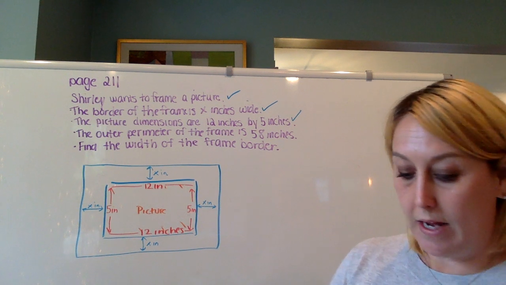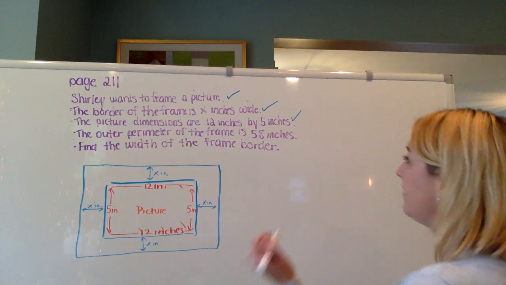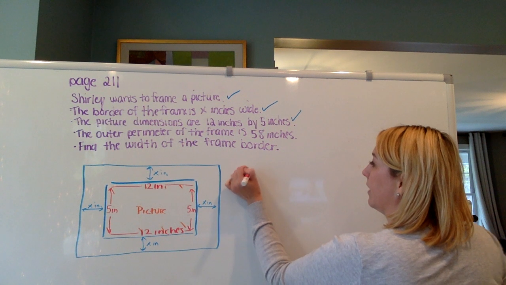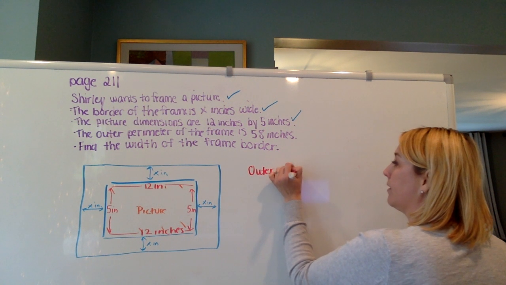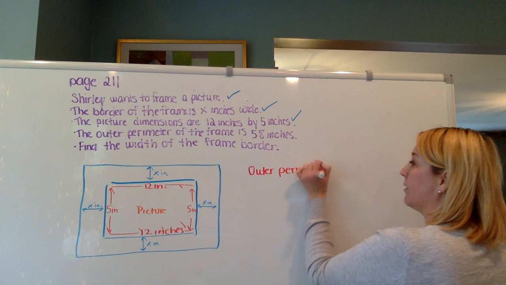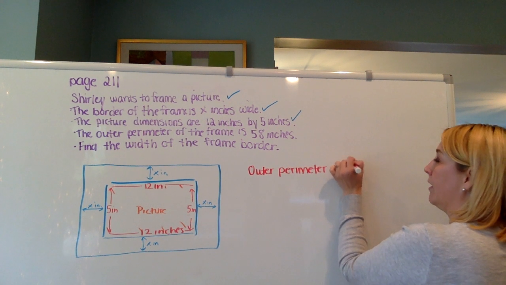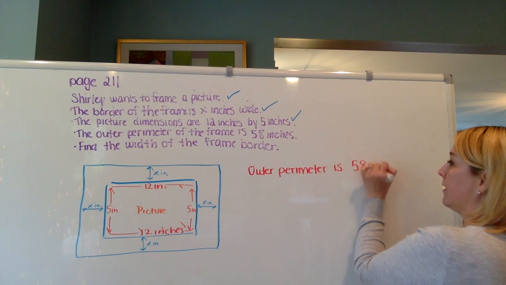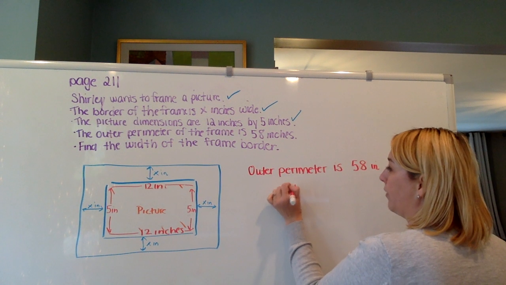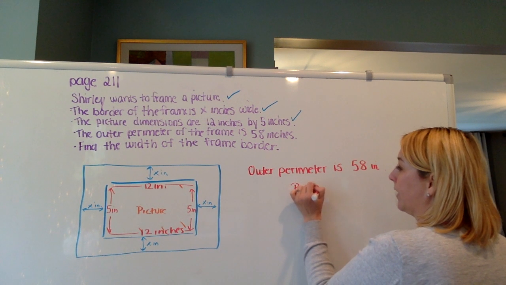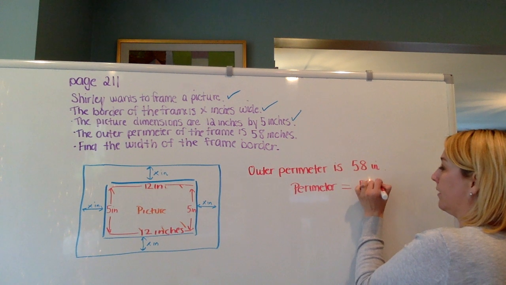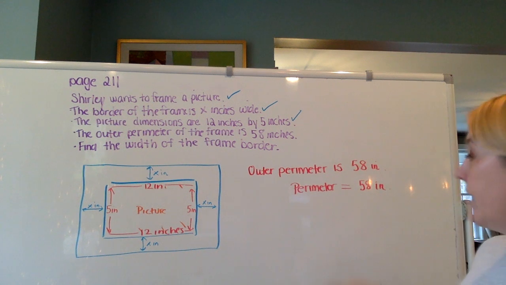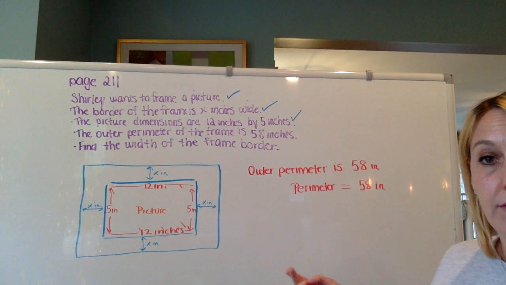So at this point, we know that the outer perimeter is 58 inches, which means in this case, the perimeter equals 58 inches.